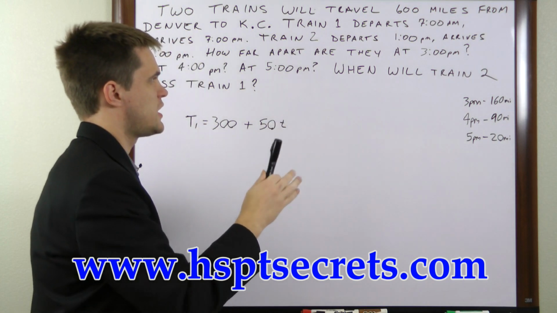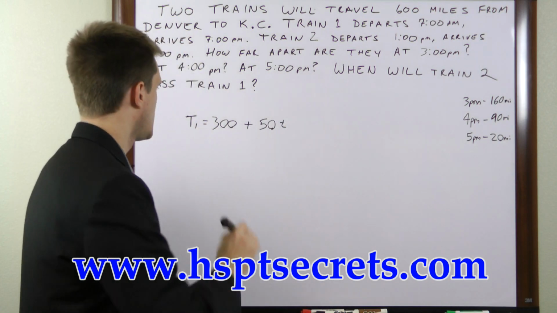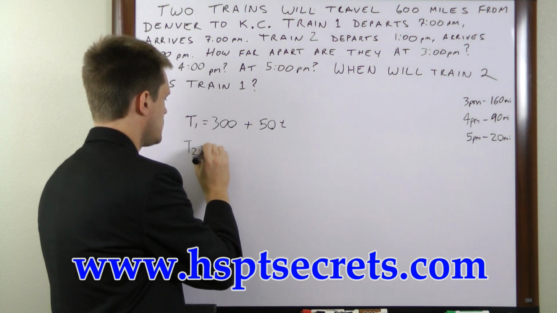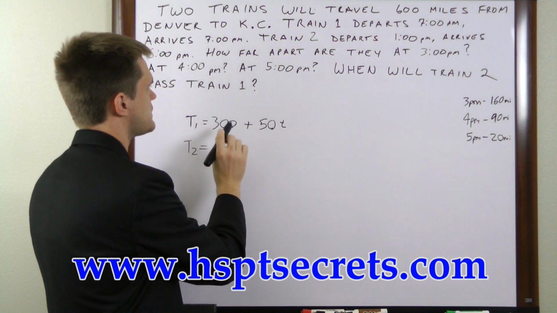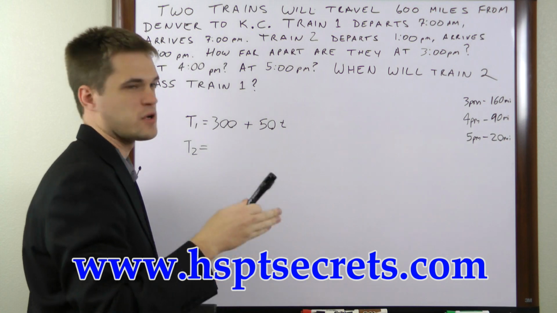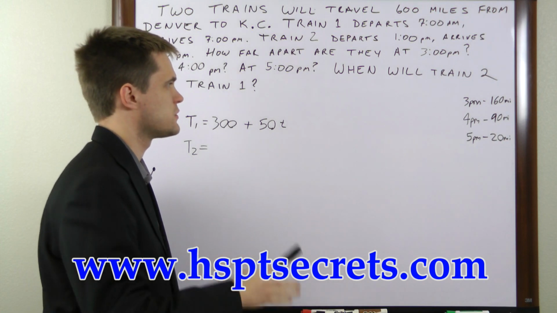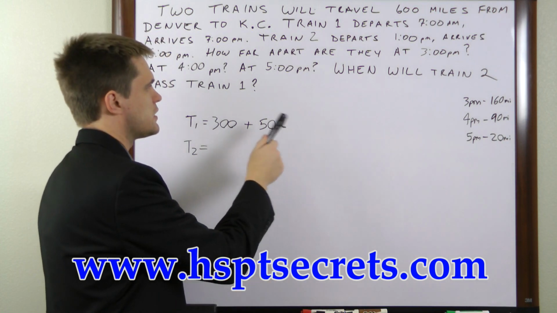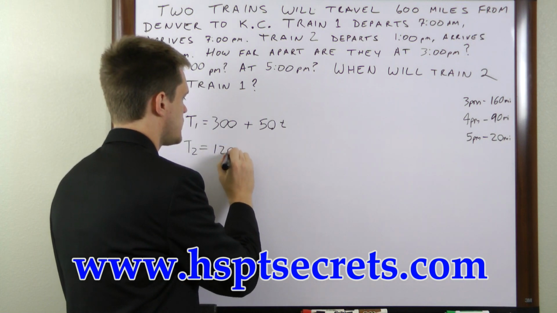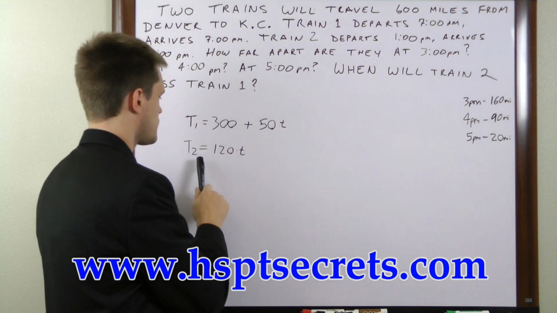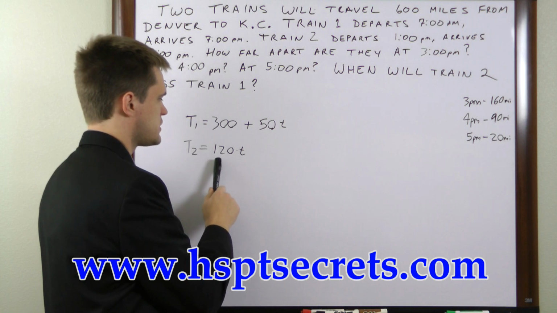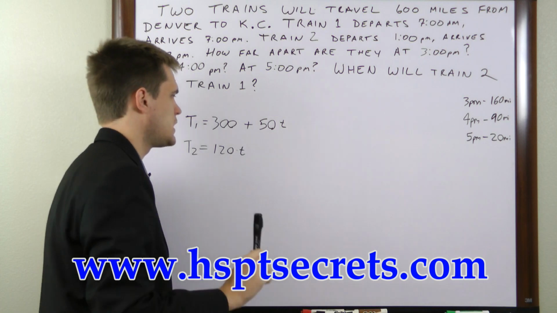And t is going to be our time from 1 p.m. on. Train 2, meanwhile, starts out at 0, because we're starting our time when train 2 starts. And train 2 is traveling at 120 miles an hour. So train 2's position is going to be described by 120 times t.